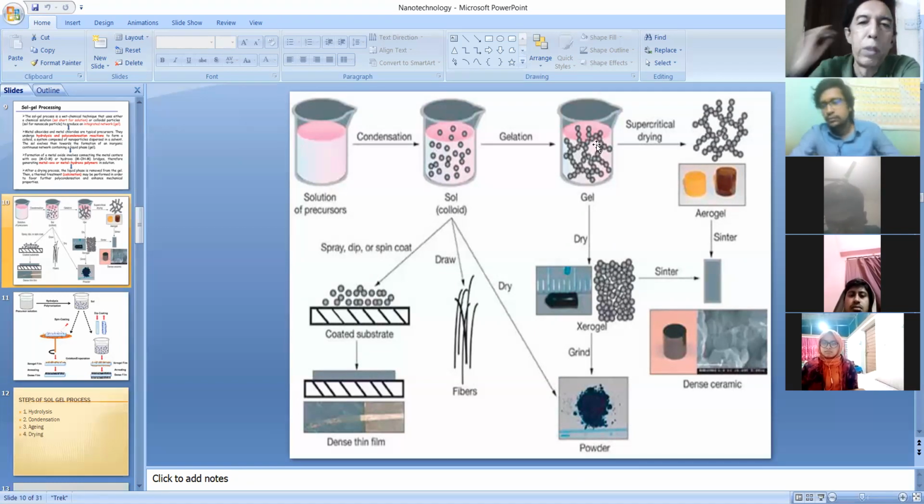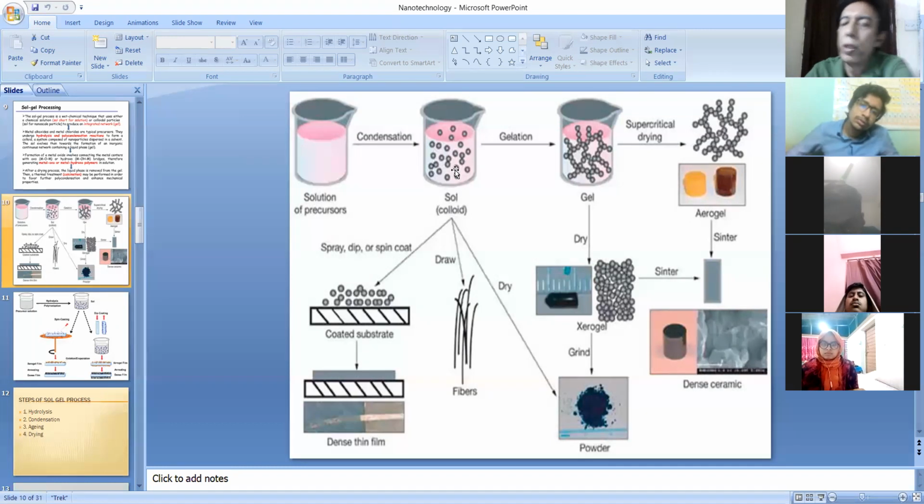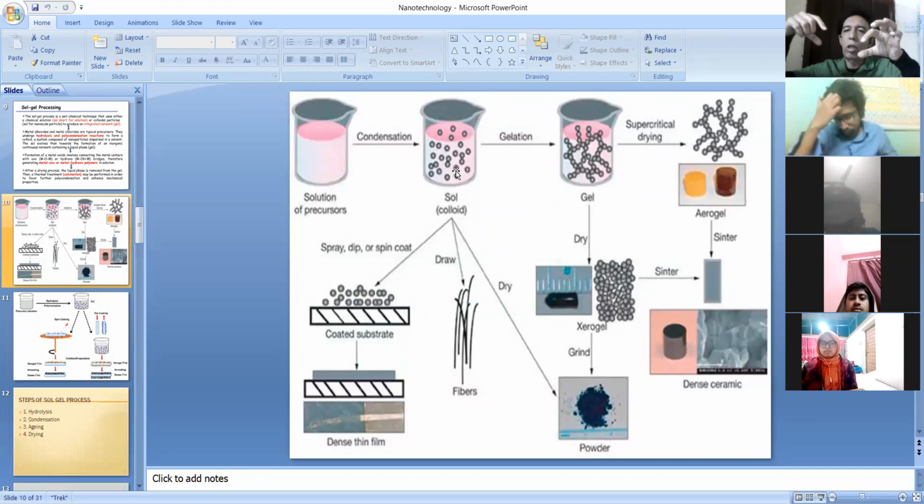Now you can make nanomaterial in various ways. From the salt, you can make nanomaterial. How? You can dip a substrate here. You know what is substrate? A substance where nanomaterial can be deposited is called substrate.